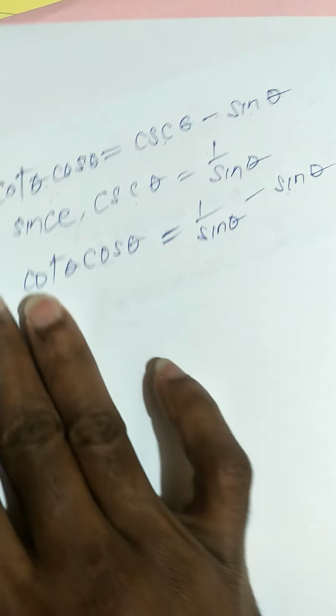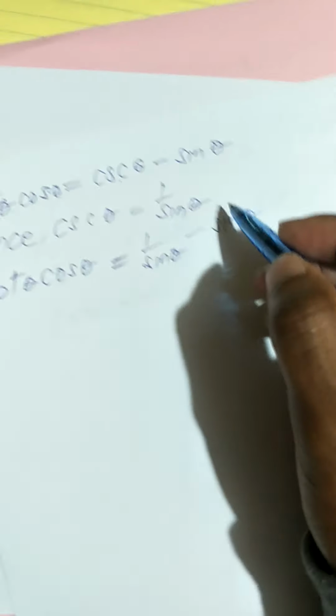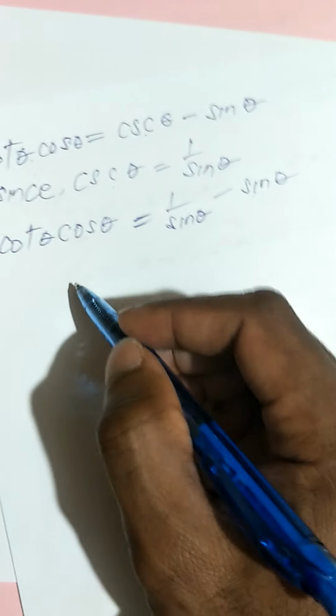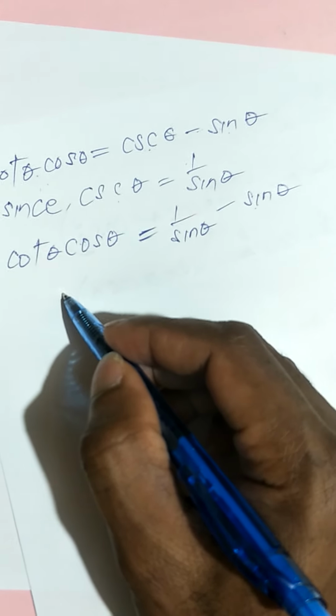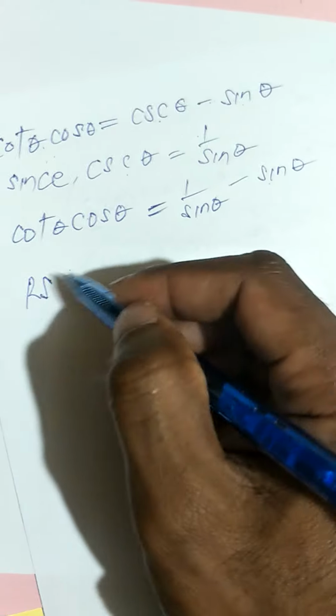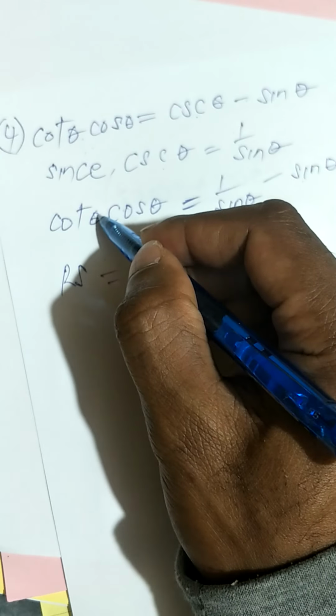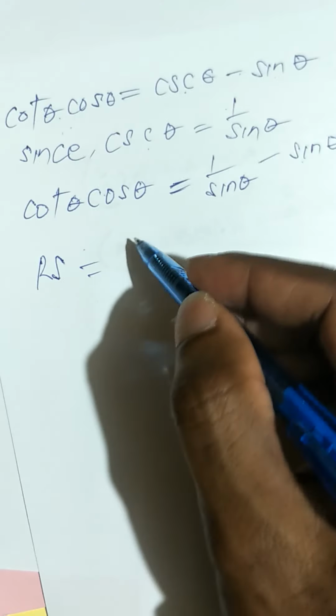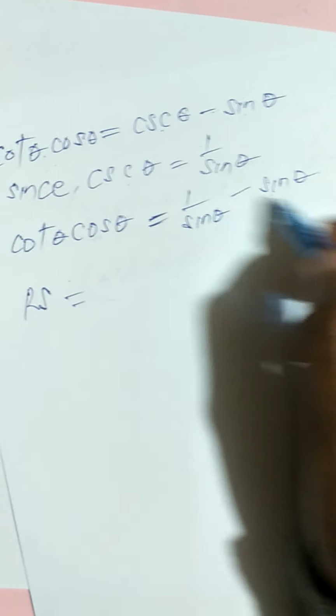So now second thing I'm going to do, guys, is cross multiply. Let's take this one as right hand side. Okay, now I cross multiply.